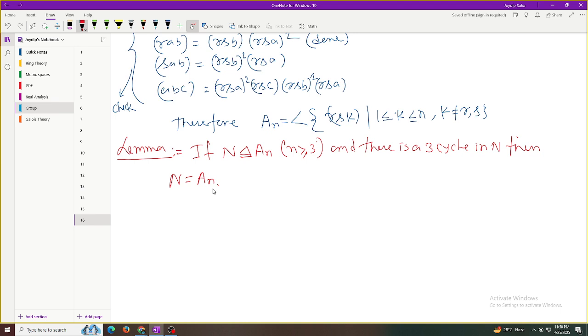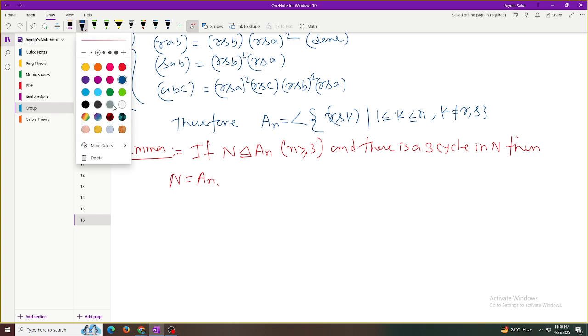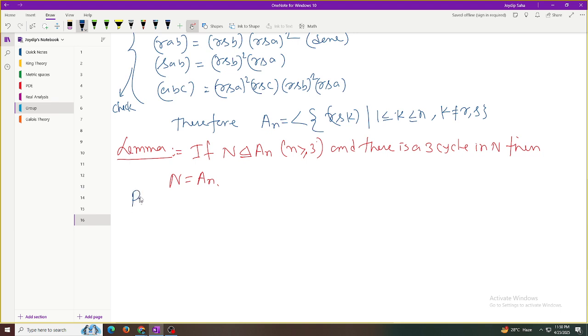A4 has no subgroup of order 6. You know that. A4, proof later. For the time being, proof later.